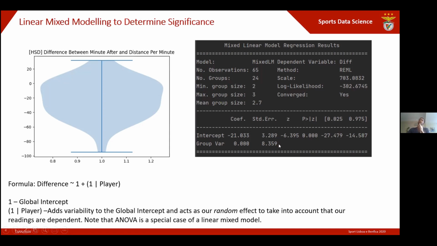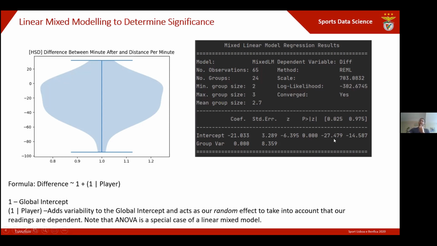Then we're using the player as the random effect, the way we handle the between and within subject variability, to give us these confidence intervals based on the standard error.